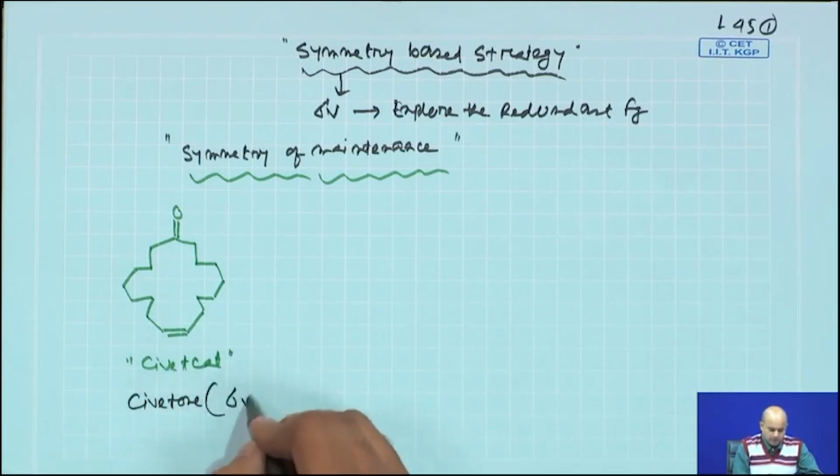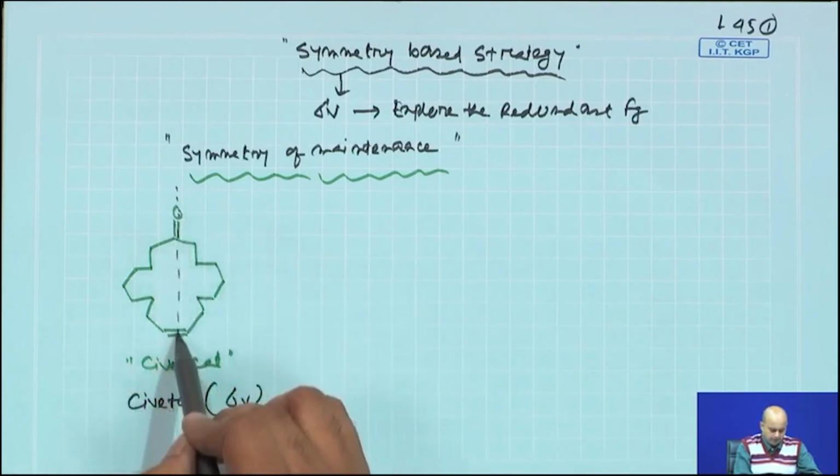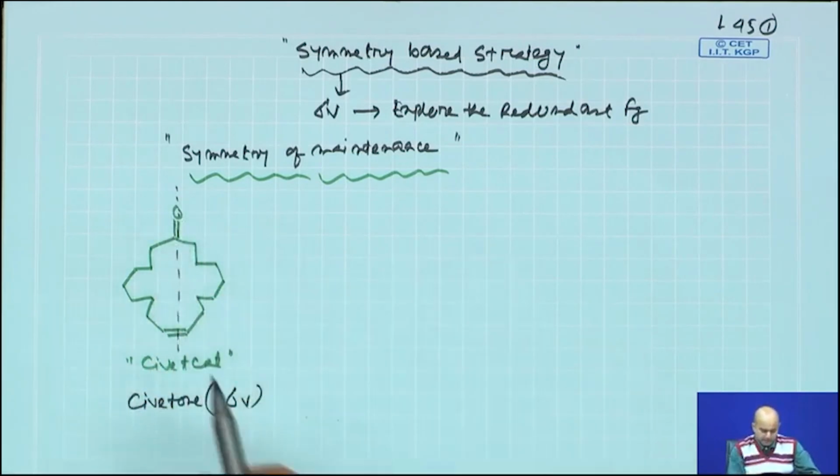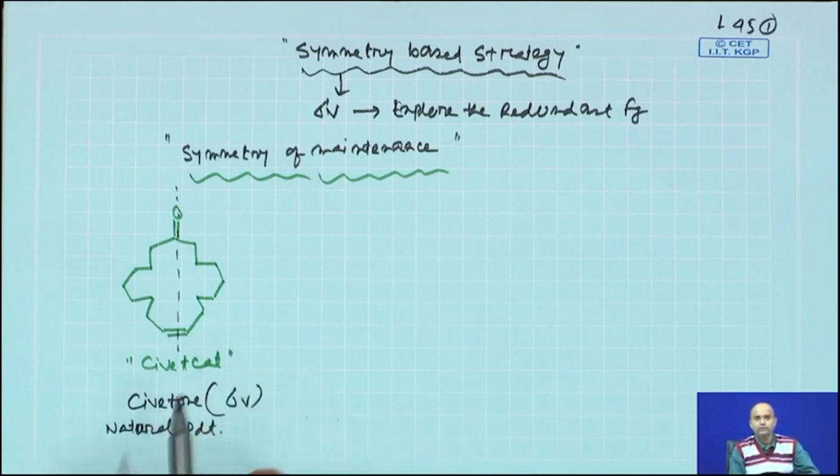This is a perfectly sigma v containing molecule. The symmetry is there. Okay. So, this is, as I said, a naturally occurring molecule, a natural product. It is not a designed molecule.